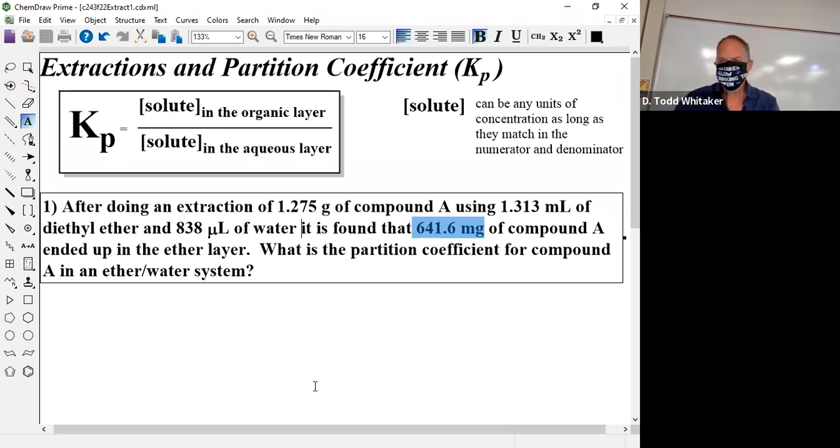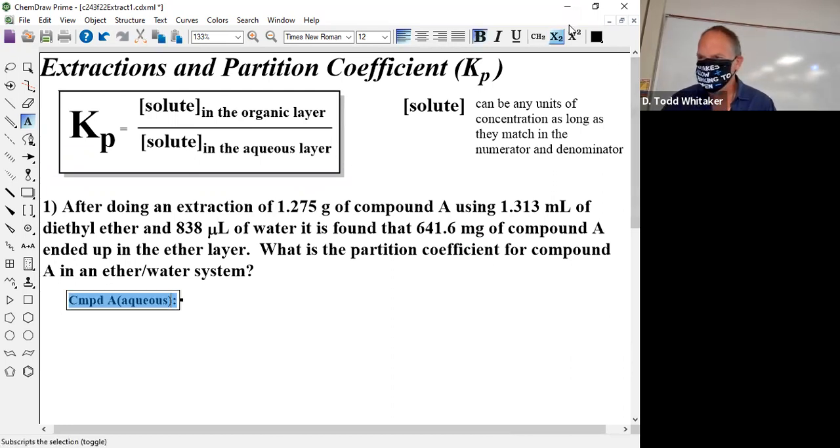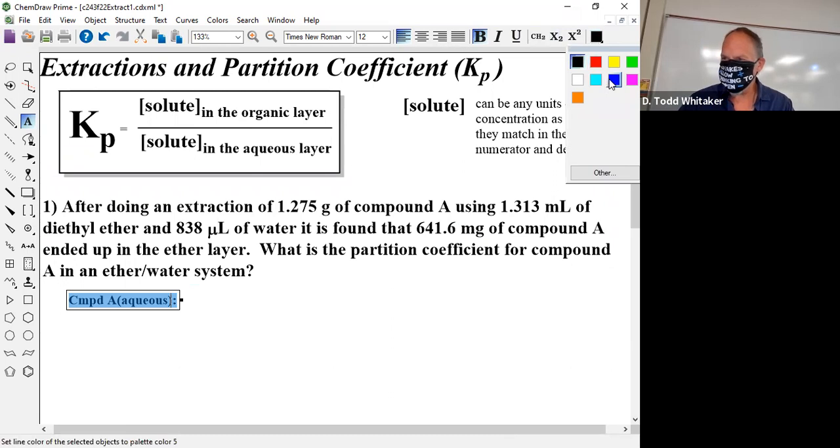All right. So they analyzed how much of compound A ended up in the organic layer. So how much of compound A was there in the aqueous? How much was there? Tell me what kind of math I can do.